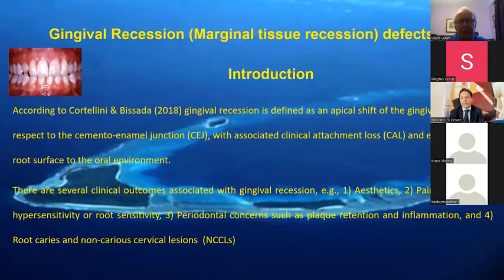And there are several recognized outcomes: aesthetics, pain, often dentine hypersensitivity, or, if you're from the periodontal world, root sensitivity, and periodontal concerns such as plaque retention, inflammation, and also root caries, and this phenomenon, which is also recorded in the literature, the so-called non-carious cervical lesions, NCCLs.